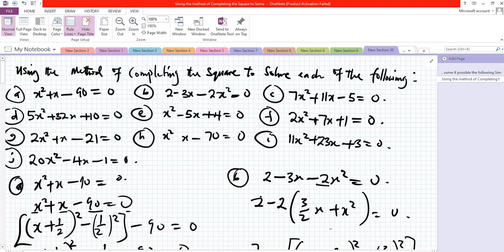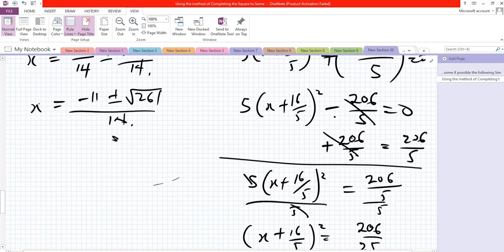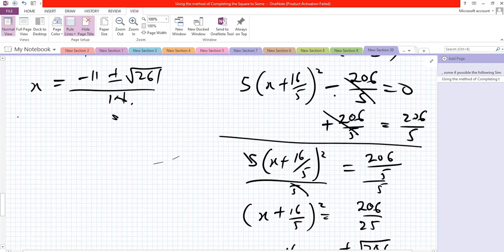E is x squared minus 5x plus 4 equal to 0.